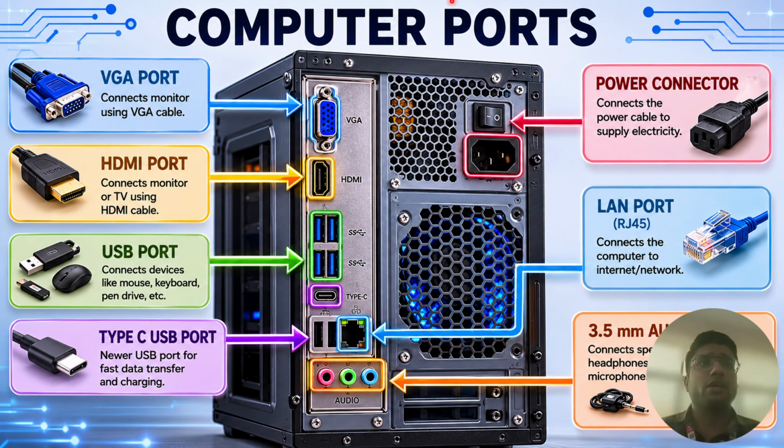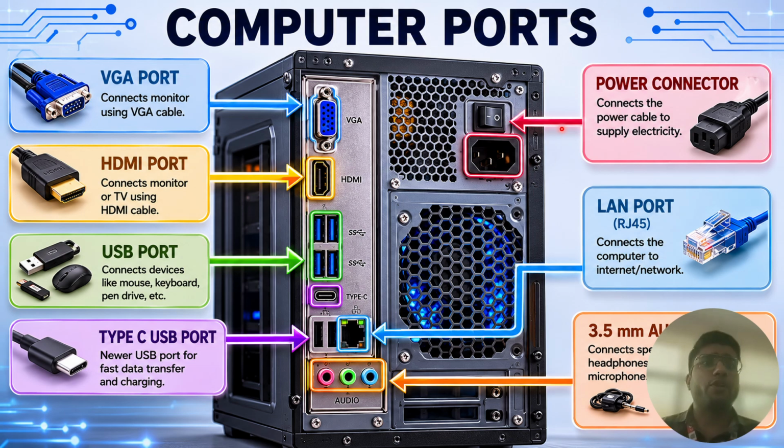Now let's move to next port, that is Type C port. It is actually the mini and more advanced version of USB port. The arrow is wrongly pointing to it to be here. It is actually here above the net. Next is power connector.